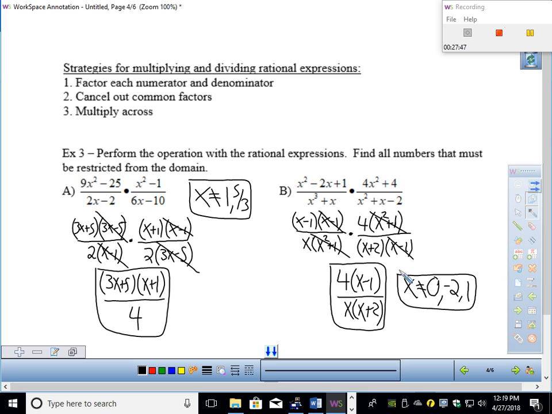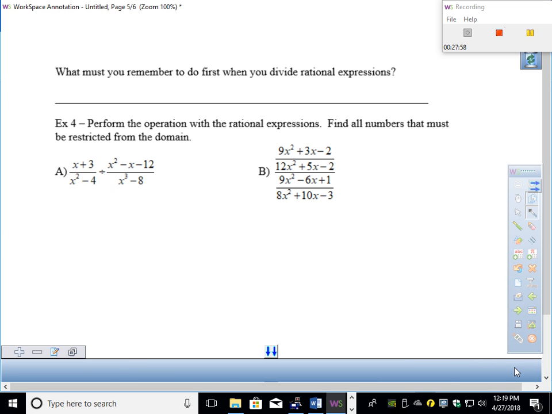So multiplication, hopefully the two examples help you kind of work through the process. If not, division hopefully will do that as well. So let's get right on to the division. And just kind of thinking back to middle school potentially, what must you remember to do first when you divide rational expressions? So think about dividing fractions, what you ended up doing way back when.